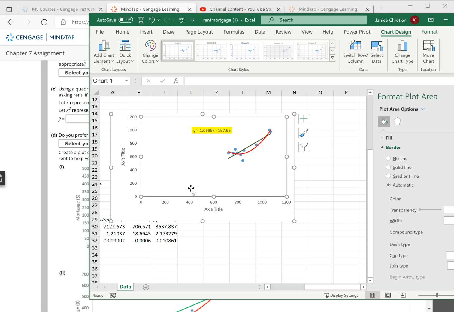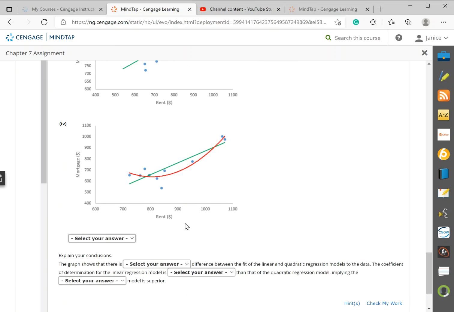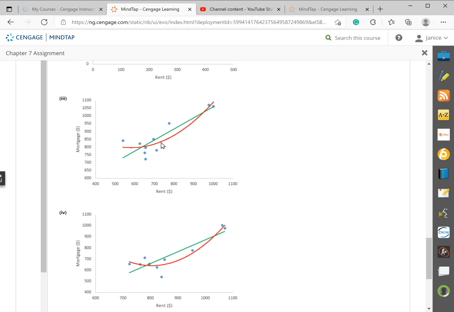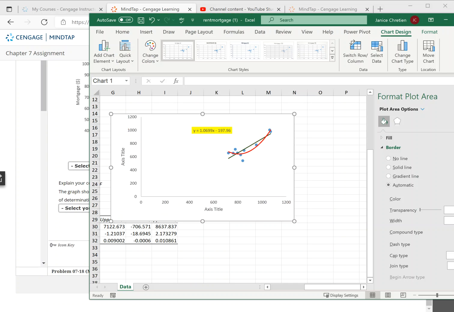And then based on this, I'm asked to determine which of these graphs is most representative, and then I'm going to answer a couple questions about the graph, and we are done with chapter 7. Good job.